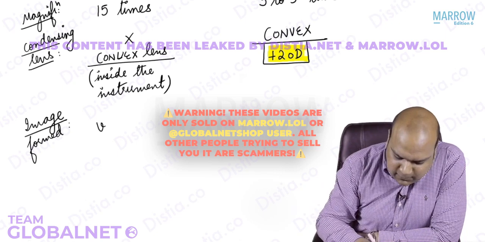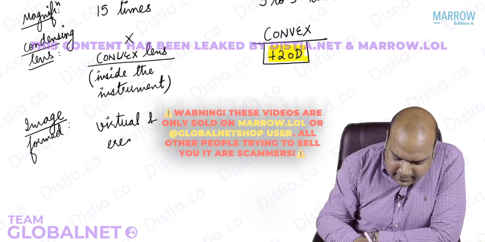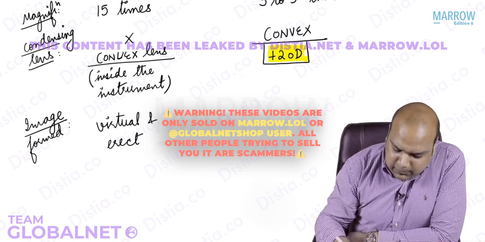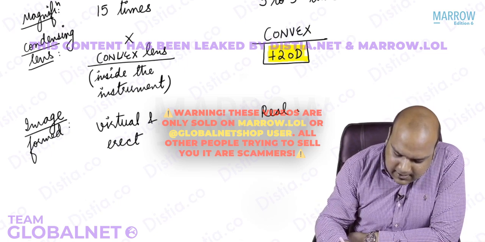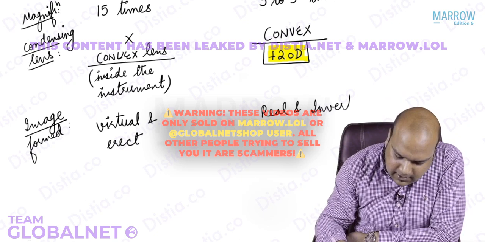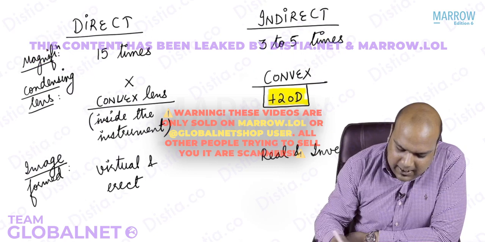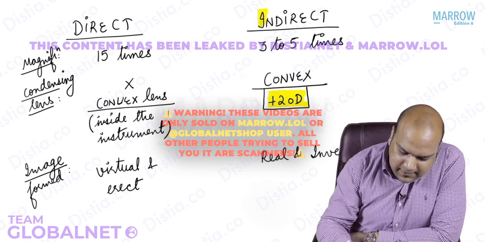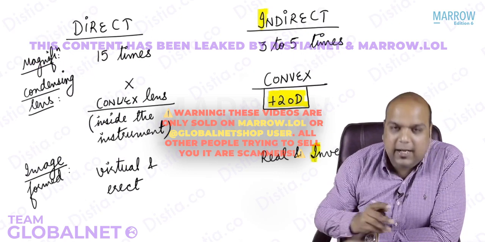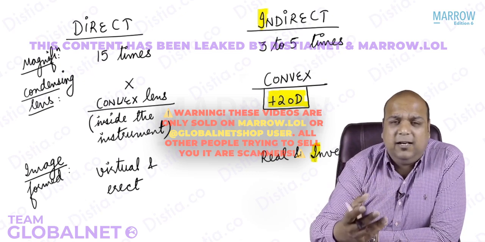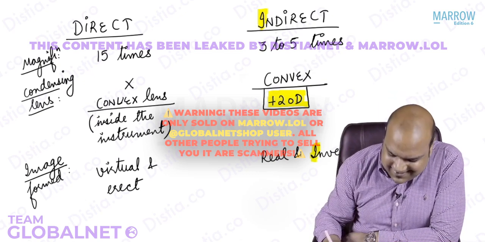So for direct ophthalmoscopy, the image formed is virtual and erect. But for indirect ophthalmoscopy, it is real and inverted. Yes. How do I remember it, everybody? I for inverted, I for indirect, everybody. Yes. Real and inverted, this much I know through my optics.